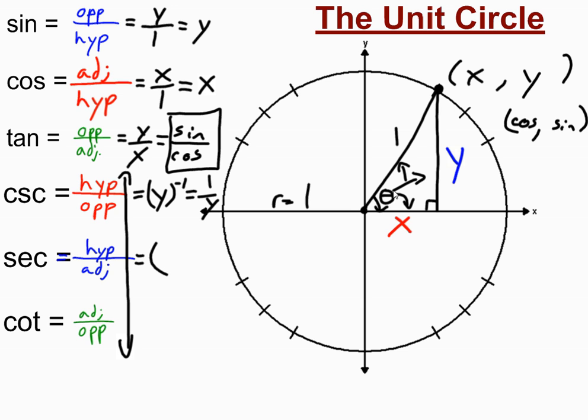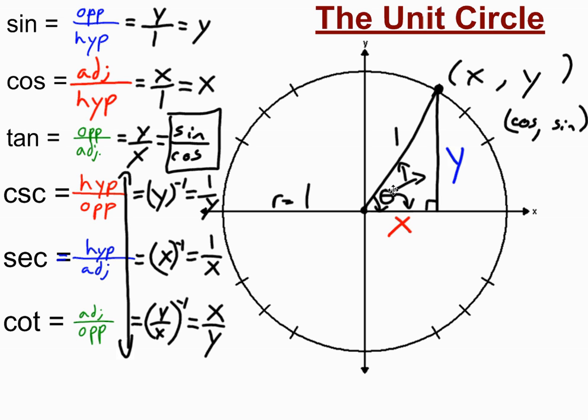The reciprocal of x is 1 over x. And the reciprocal of y over x is, you guessed it, x over y. So you just got to flip those for your reciprocal functions.